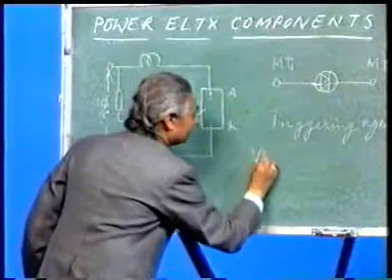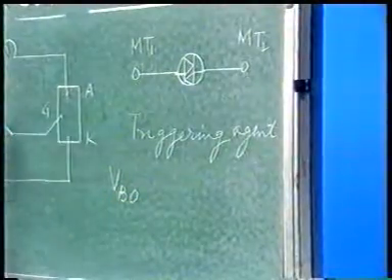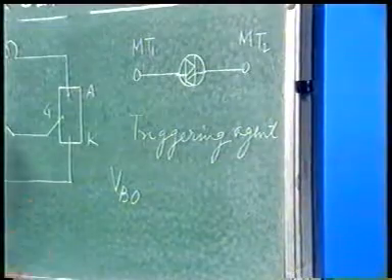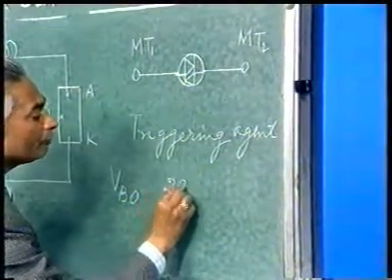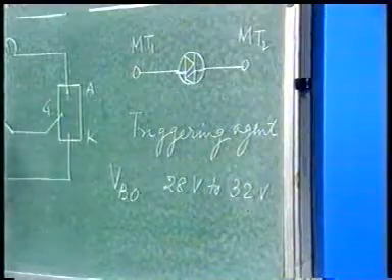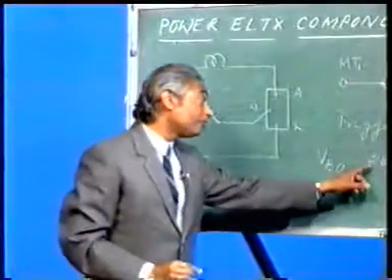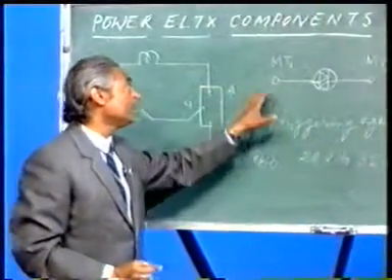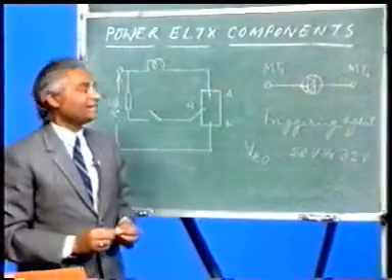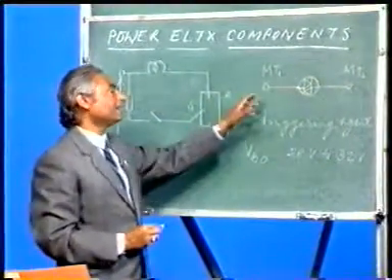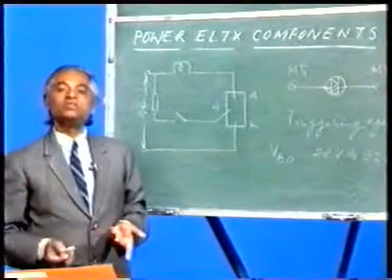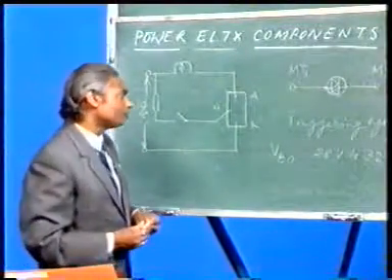It is written as VBO, and the commonly found Diacs in the market have a VBO rating from 28 volt to about 32 volt. Unless you give 28 to 32 volt across the 2 terminals, the device is not going to conduct, and that is why the device cannot be tested with a multimeter, because a multimeter gives you a supply of about 9 volt or so.